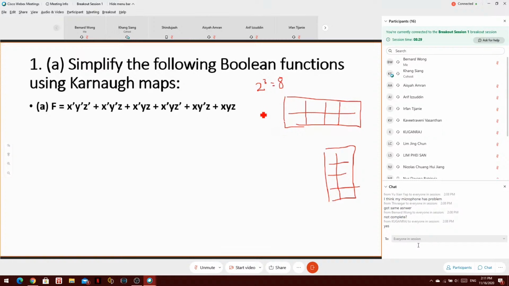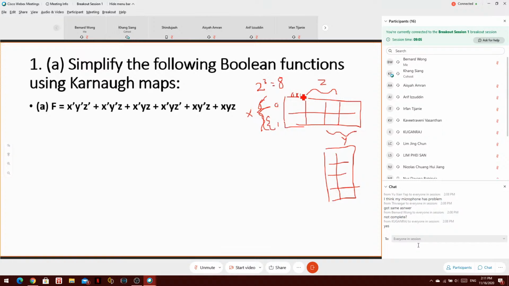Because it's X, Y, Z, I will assign this portion as X, this portion for Y, and this portion for Z. So you put 0 and 1, and then 0, 1.